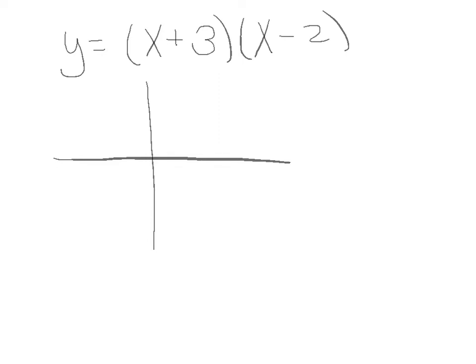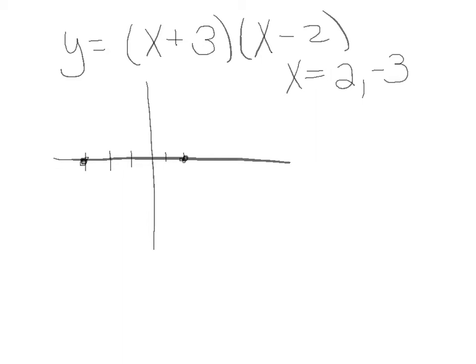The roots are the x-intercepts. So if I set both of these equal to 0, that means my x-intercepts are 2 or negative 3. Here's that. 1, 2, 3. Here's that one. So this is where this graph would cross the x line, or my solutions to it.